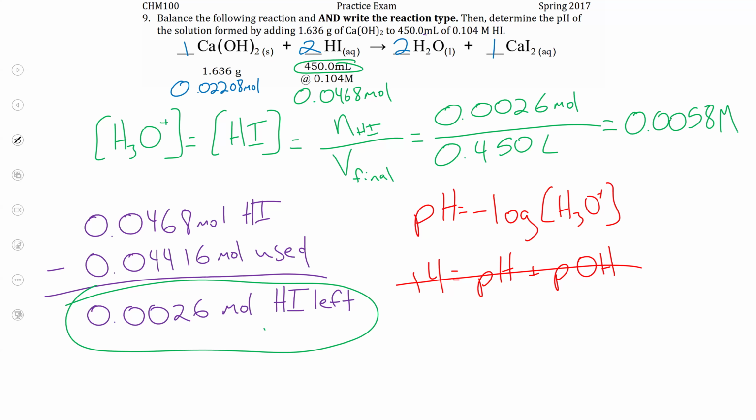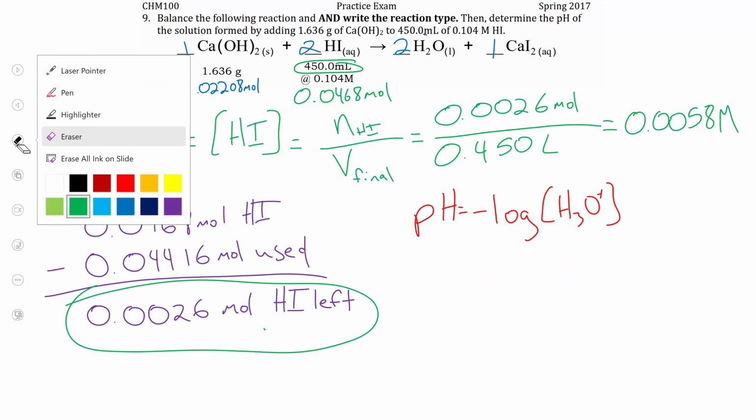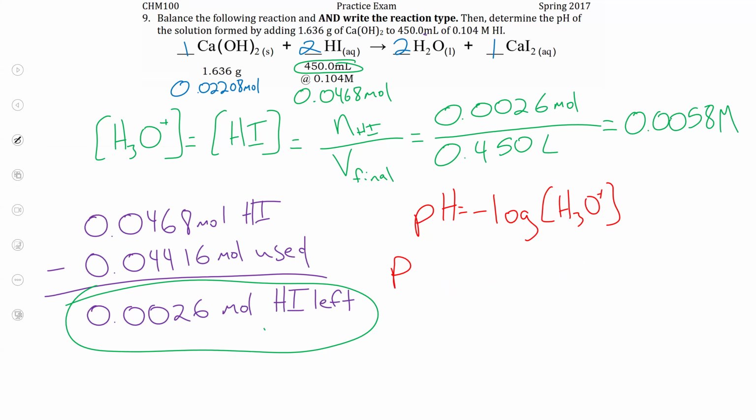So last step, and I know that's like the third time I've said that. But this is all part of the last step. Last step is negative log of 0.0058.